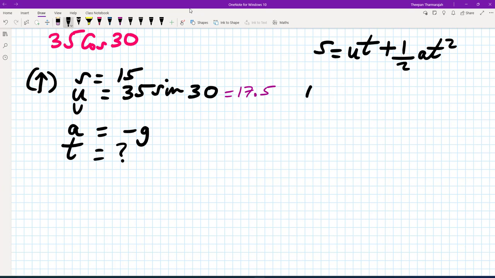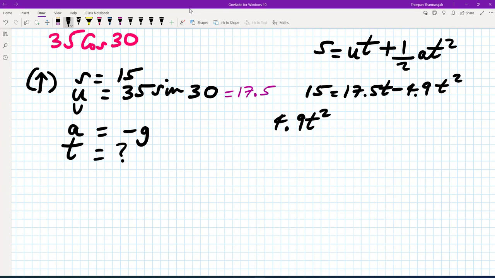So 15 is 17.5 T minus, or half of g is 4.9, so it's 4.9 T squared. So we can rearrange that into this quadratic: 4.9 T squared minus 17.5 T plus 15 equals 0.